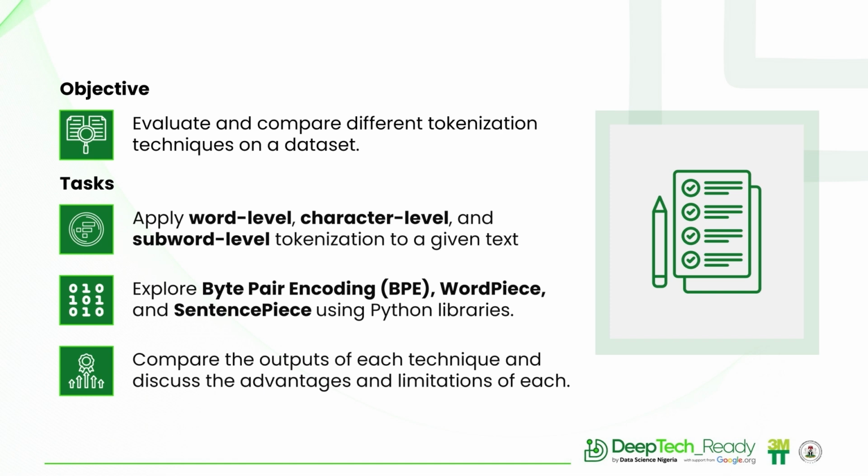Then you should explore byte pair encoding BPE, WordPiece, and SentencePiece subword tokenization methods using Python libraries. You should also compare the output of each technique and discuss the advantages and limitations of each particular method. Please upload your submission to the learning portal.